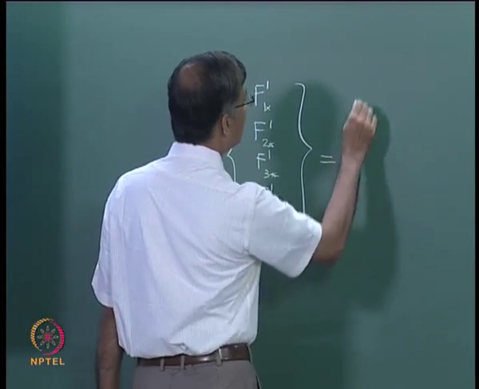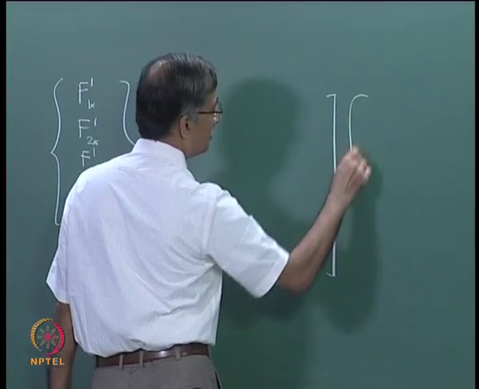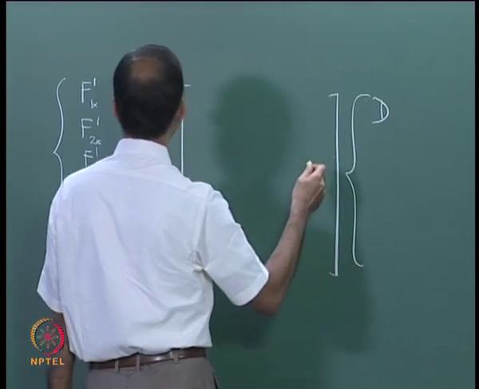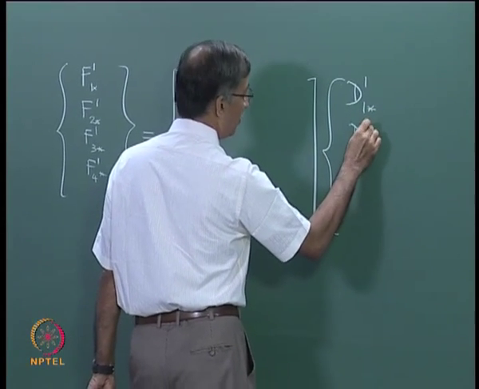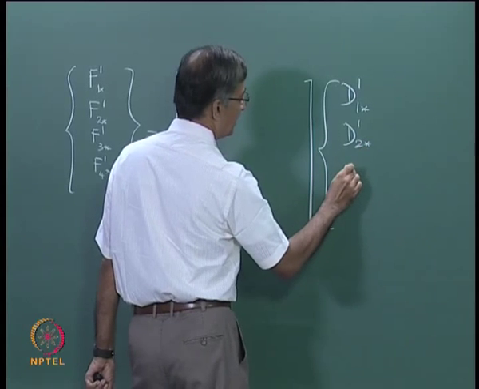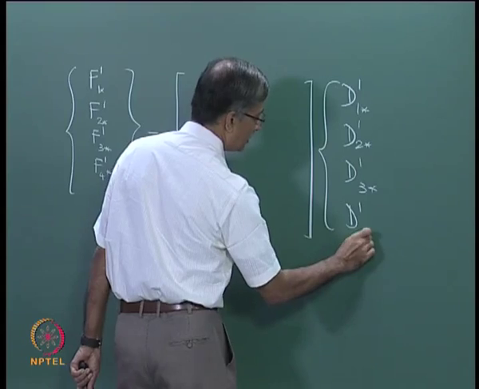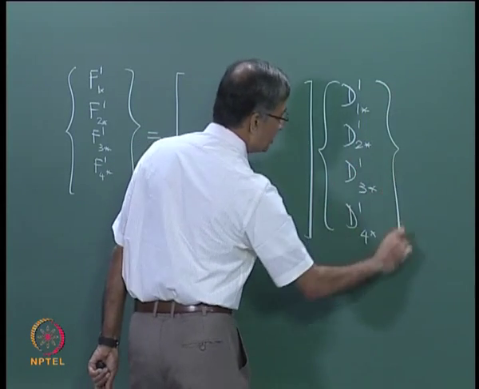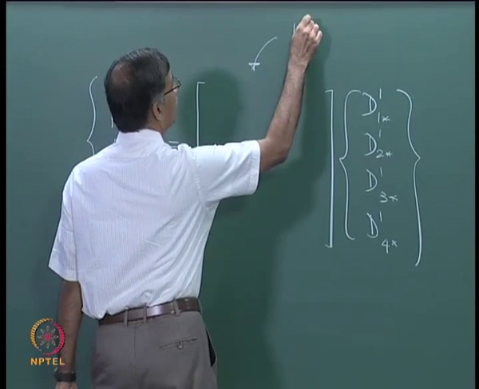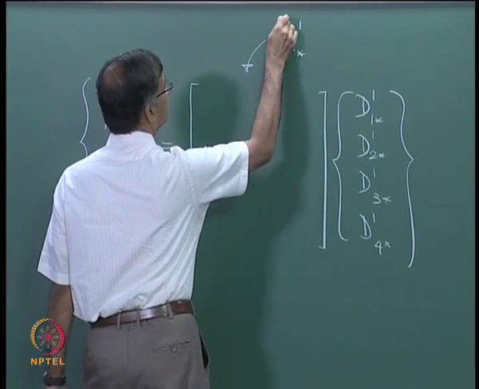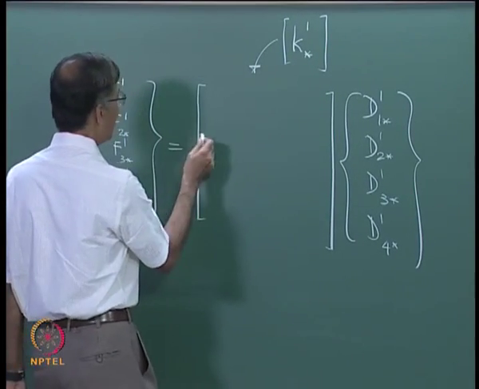This is related to D1 1 star, D1 2 star, D1 3 star, D1 4 star through a relationship which we are going to refer to as K1 star, right. This is the element stiffness matrix, it is 4 by 4, and you remember some rows are 0.